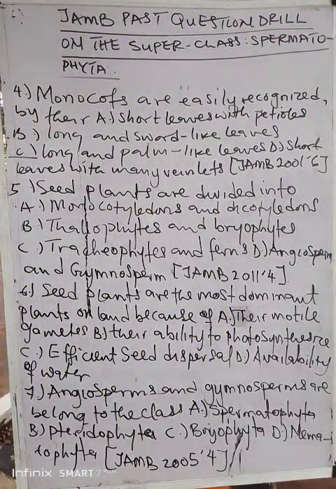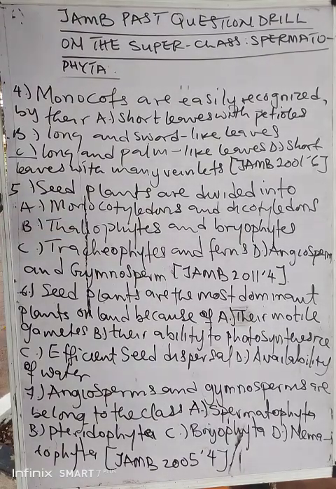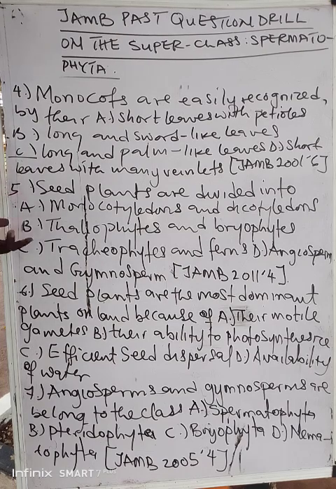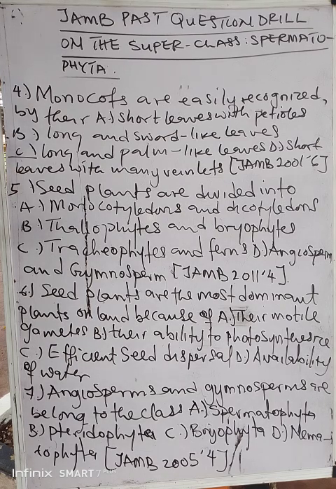Seed plants are divided into what and what? Seed plants generally. What are seed plants? Spermatophytes are the seed plants. So they are divided into what and what? A. Monocot and dicot. B. Thallophytes and bryophytes. C. Tracheophytes and fern. D. Angiosperm and gymnosperm. It's angiosperm and gymnosperm.